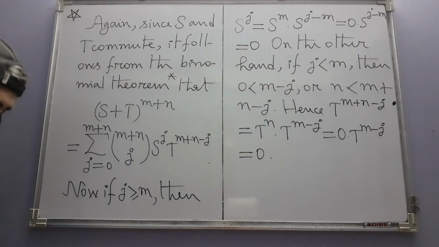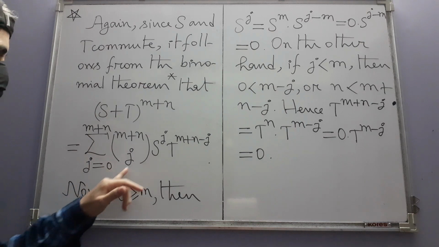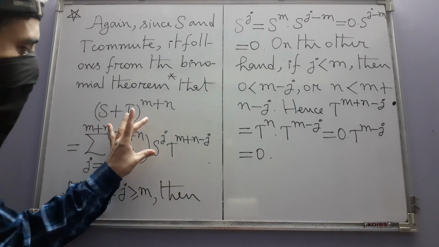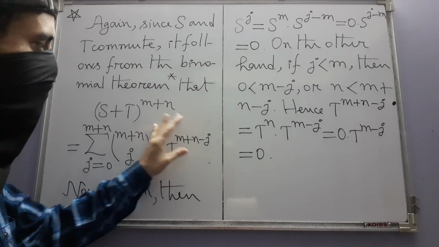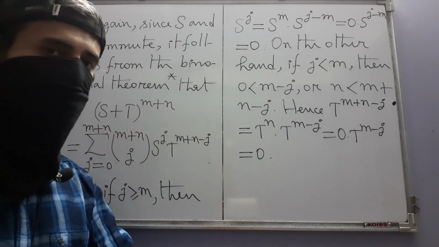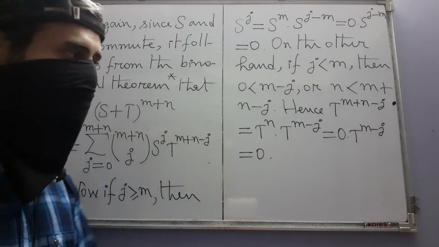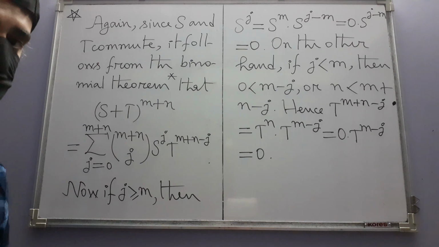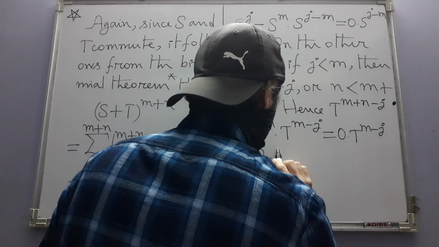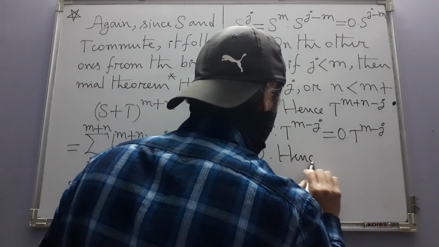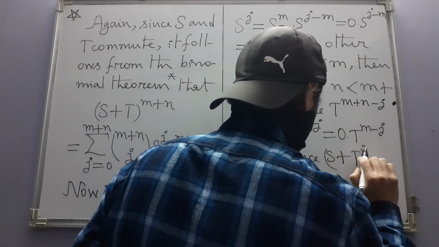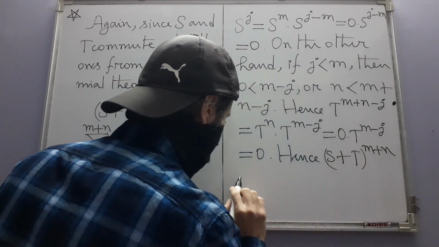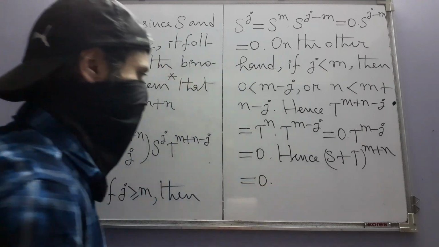This means that no matter what j here you consider, either this term is 0 or this term is 0, and that's why all the terms of this sum are equal to 0, and that is why the sum itself is 0. Hence, s plus t to the power m plus n is equal to 0.